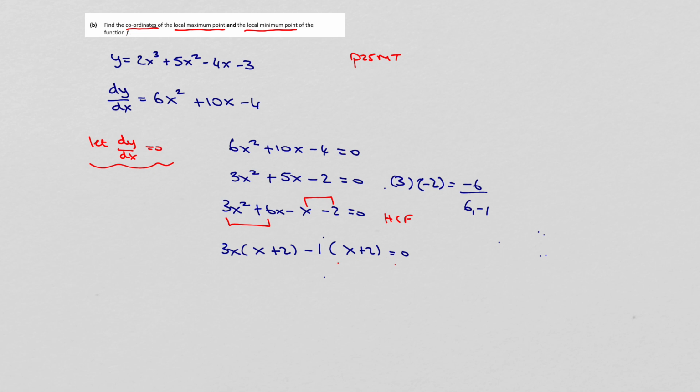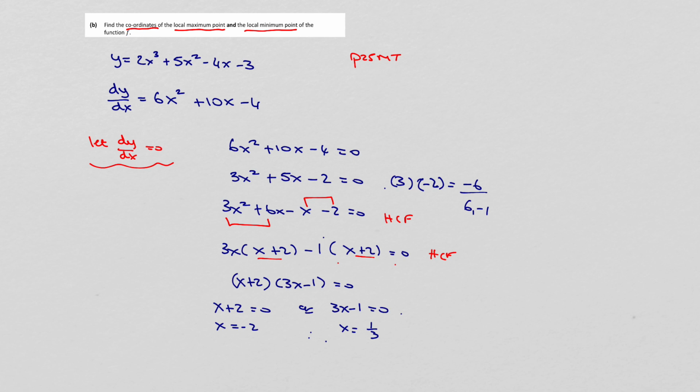So again, we can see our two brackets are the same. And again, taking out the highest common factor a second time. If I take out the highest common factor, x plus 2, I'm left with 3x minus 1 is equal to 0. So we'll let both of these factors equal to 0. And that gives me x equals minus 2, or 3x minus 1 equals 0, so x is equal to a third.